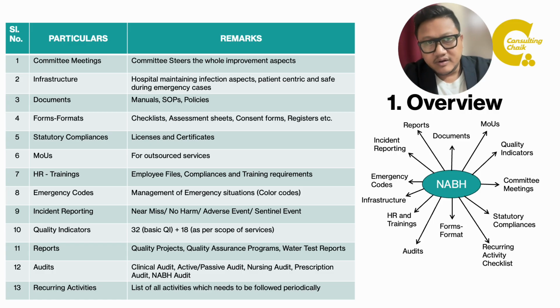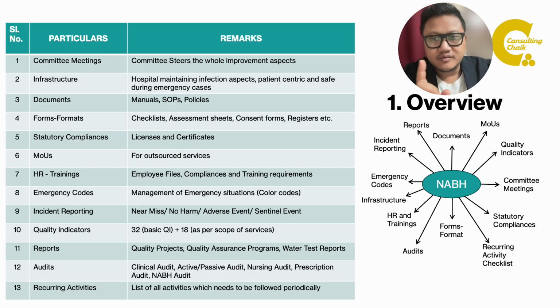Certain audits and certain checklists, like facility round or patient safety, need to be monitored on a monthly basis, whether they are done or not. So the recurring activity checklist is very important.